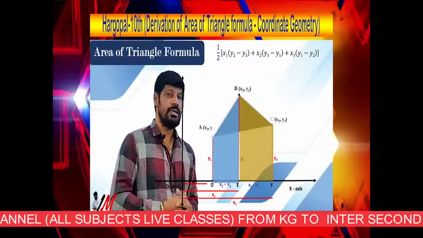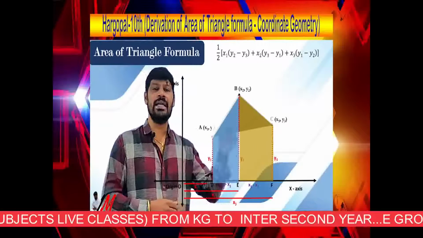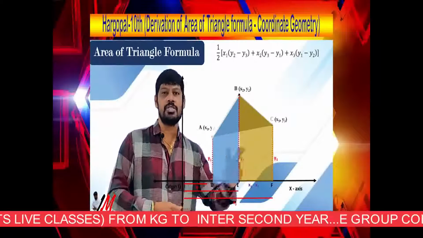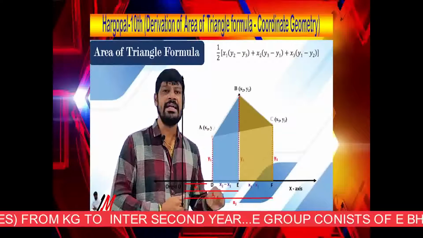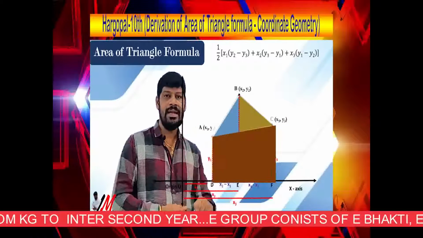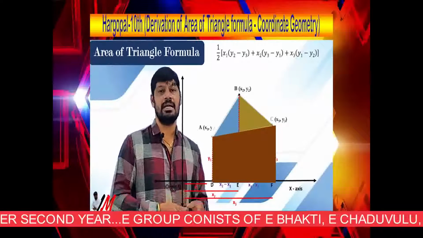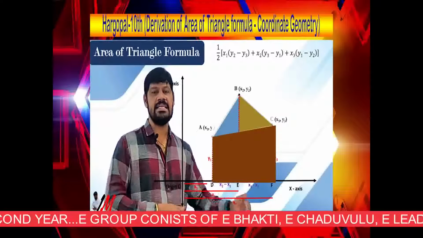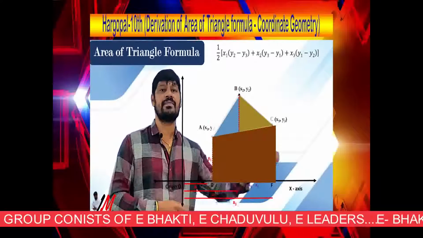As I closed everything, from this particular figure, how will you get the area of ABC from these two trapeziums? Again, if you subtract the trapezium ADFC, so you can see three different trapeziums clearly. One is ADEB and another one is BEFC.